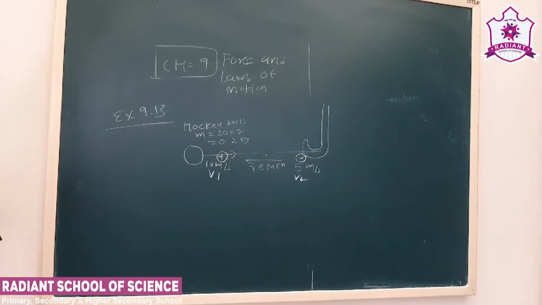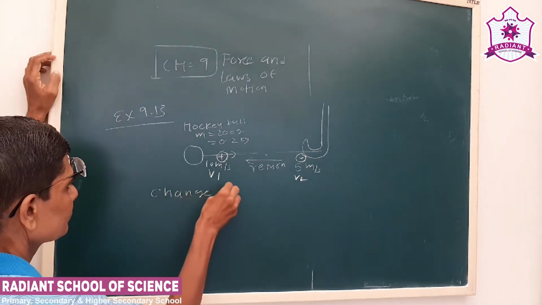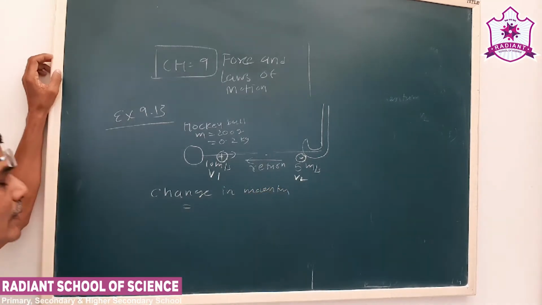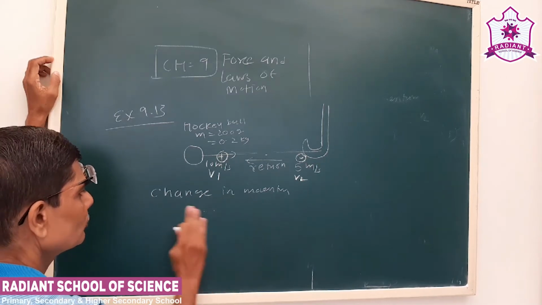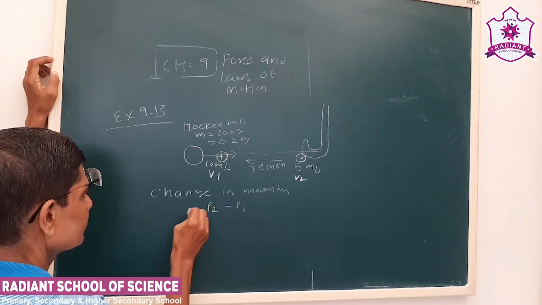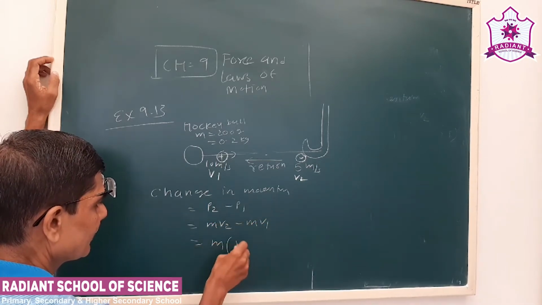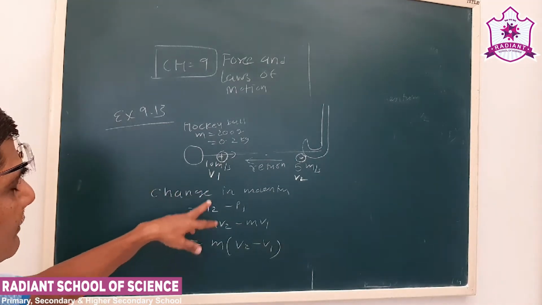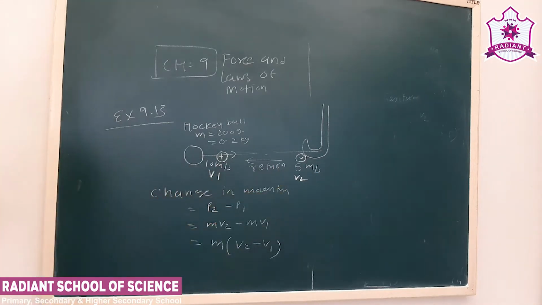What is the change in momentum? The change in momentum is P2 minus P1, that is m into V2 minus m into V1. M we can take common. V1 I consider positive, so V2 I have to consider negative.